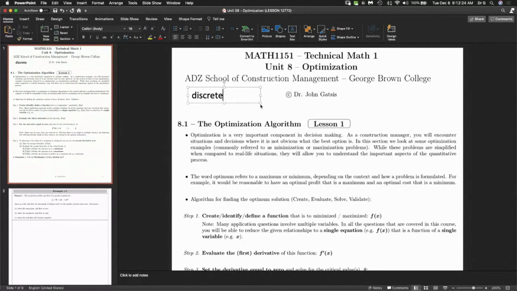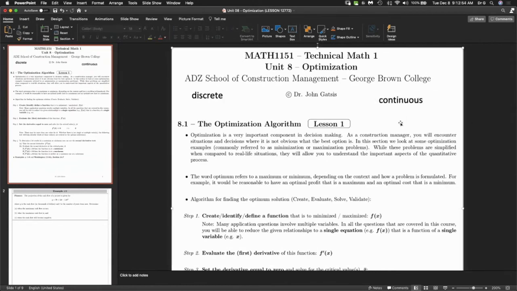The optimal number of days of work is a discrete variable, because nobody's going to go to work for 4.36 days or for pi days. They're going to go for 1 day, 2 days, 0 days, 5 days, 10 days, whatever, if it's per month, for example. That's discrete.